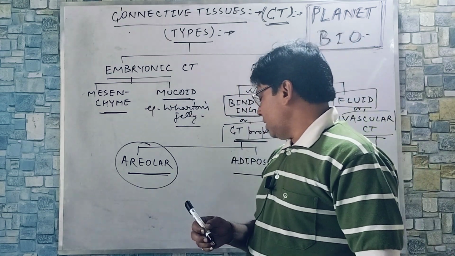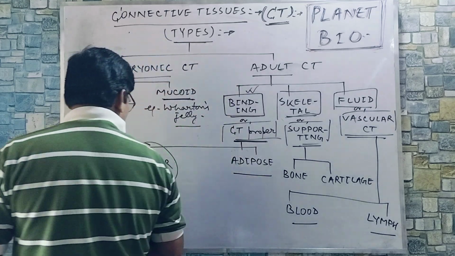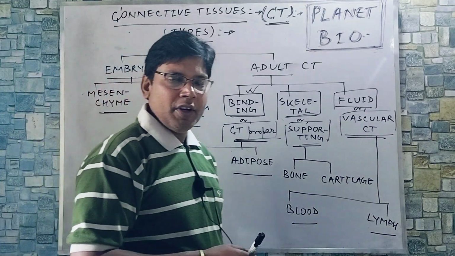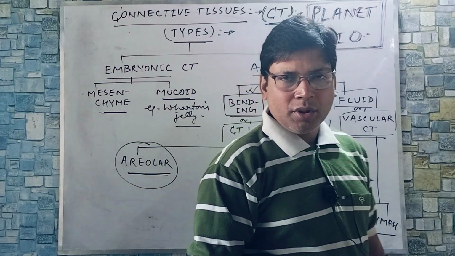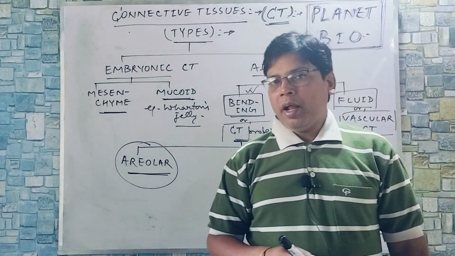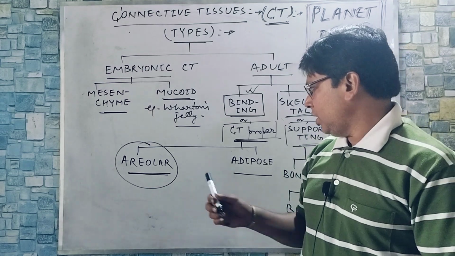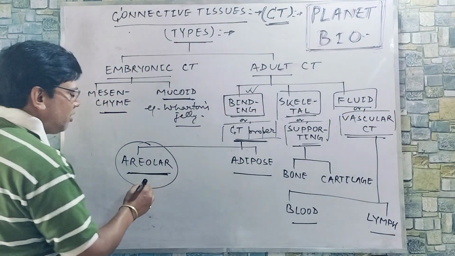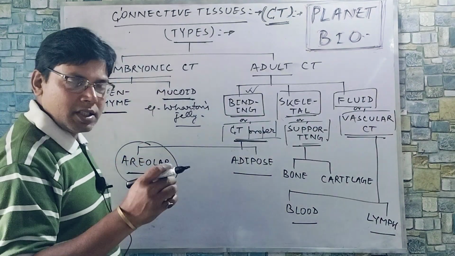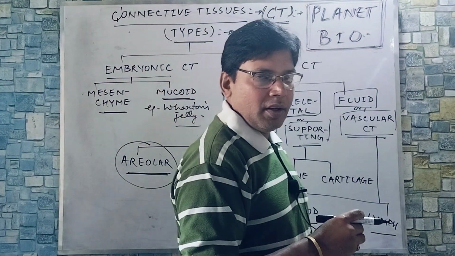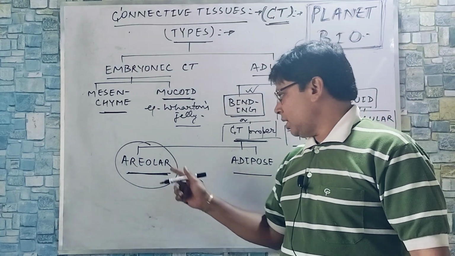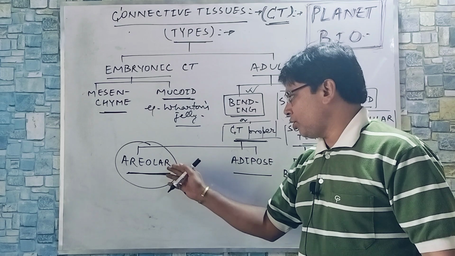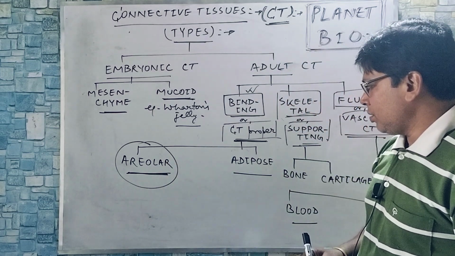And another one is the mast cells, which secrete heparin, the vasodilator, serotonin, the vasoconstrictor, and heparin, the natural anticoagulant. Areolar binds skin with muscles, or joins integument with muscles. Out of all these adult connective tissues, this is the most widely distributed.